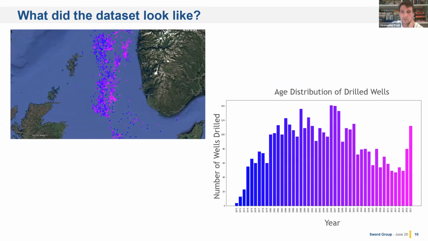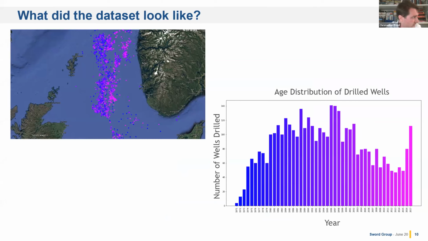This shows, again, when we look at the age of the drilled wells, even though a lot of the data has been created in the last 20 years, a lot of the wells were actually drilled historically. So there's an inverse relationship between the number of wells that are being drilled and the amount of data that's available for them.